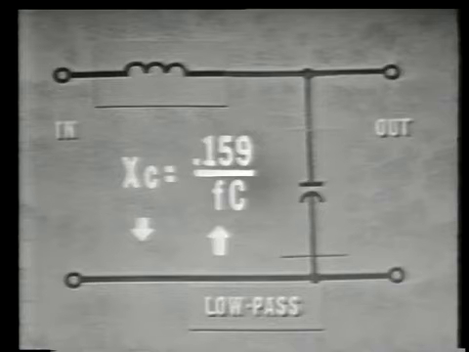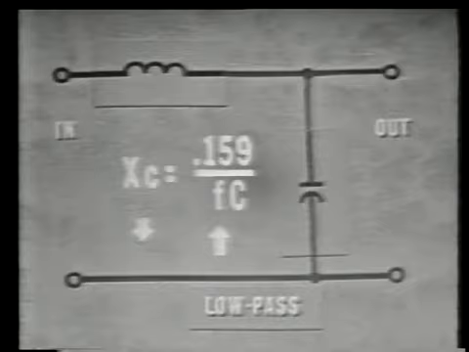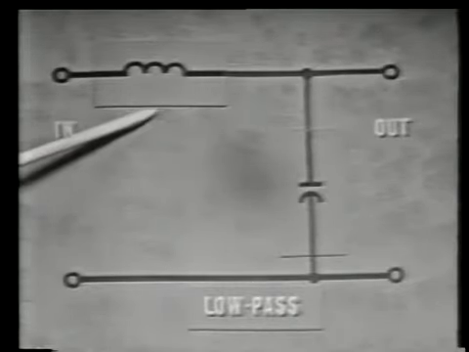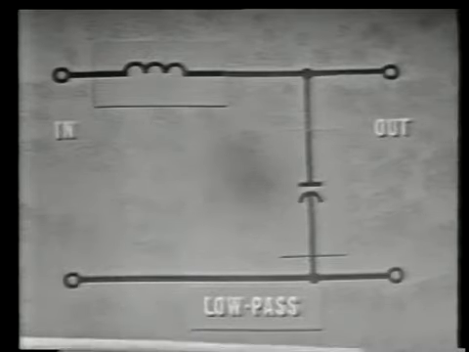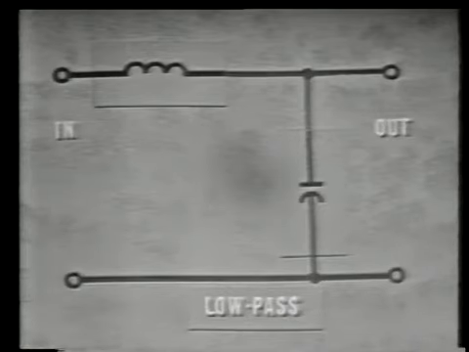At high frequencies, a small opposition. So the shunt capacitor is always used to pass low frequencies and reject high frequencies. This circuit then, a series inductor and a shunt capacitor, serves as an inverted L low-pass filter. It passes low frequencies, rejects high frequencies.